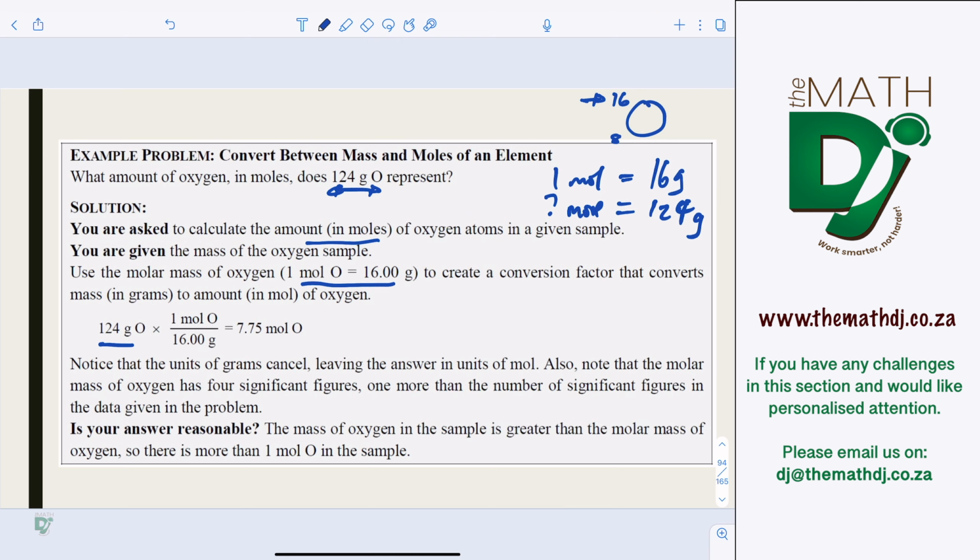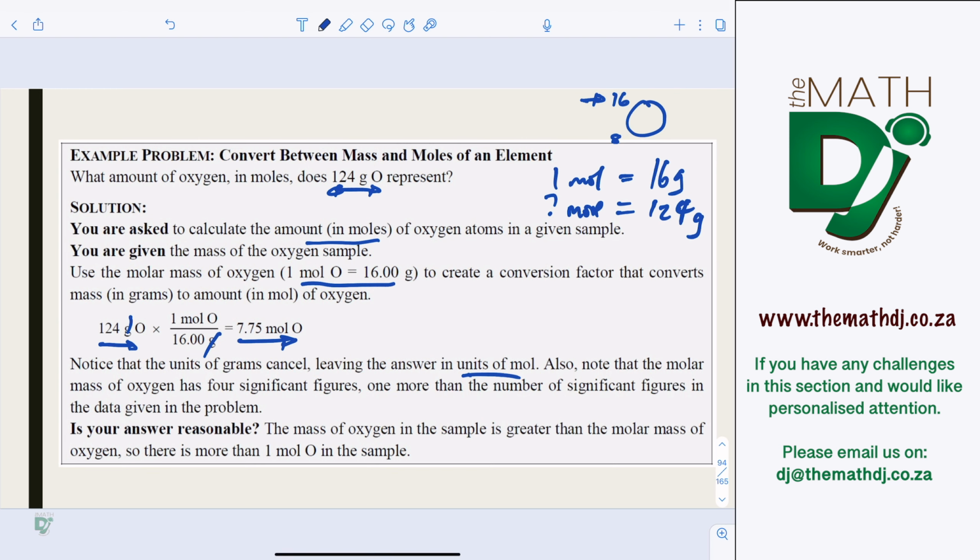So when you simplify this, you find out that in 124 grams of oxygen, there are 7.75 moles. So notice that the units of grams cancel each other. So this is what they are referring to here. They cancel each other, leaving the answer in moles.